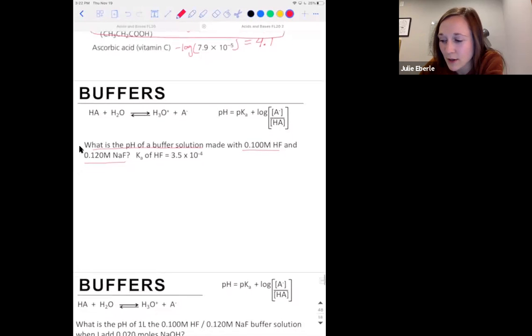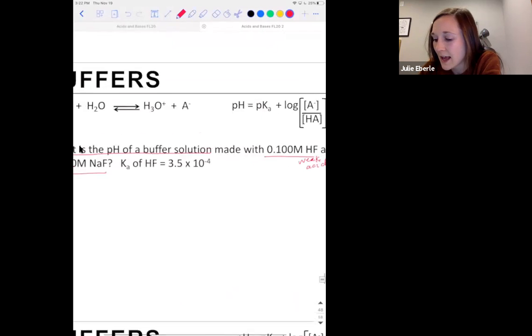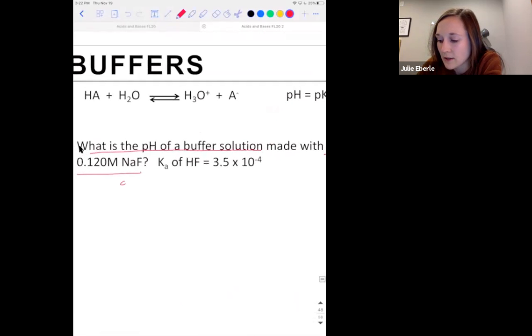They're proton donors. You can't be a proton donor if you don't have a hydrogen, which is a proton as an ion. So this is the weak acid, which makes NaF the conjugate base.